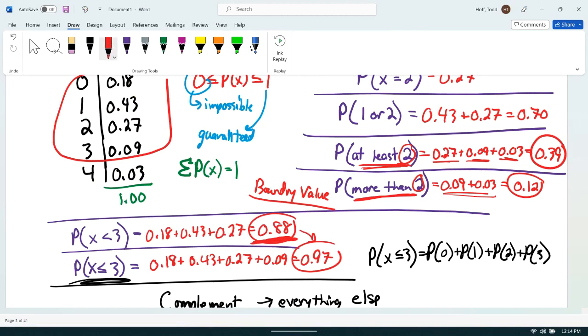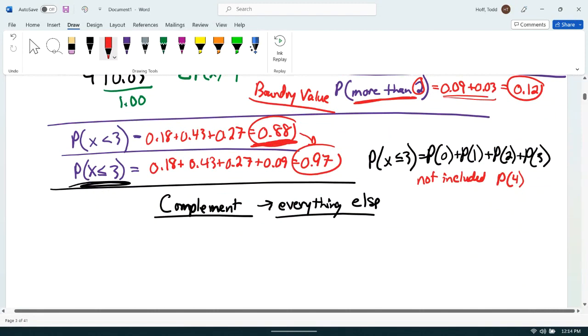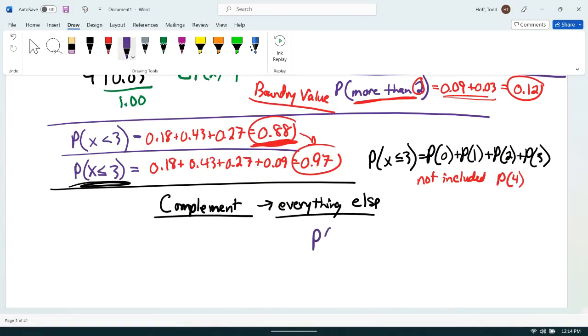The only thing that it did not include was the probability of being 4. Now, since we know that all these probabilities add up to 1, we could use that complement. The probability of x is equal to 1 minus the probability of the complement of x.